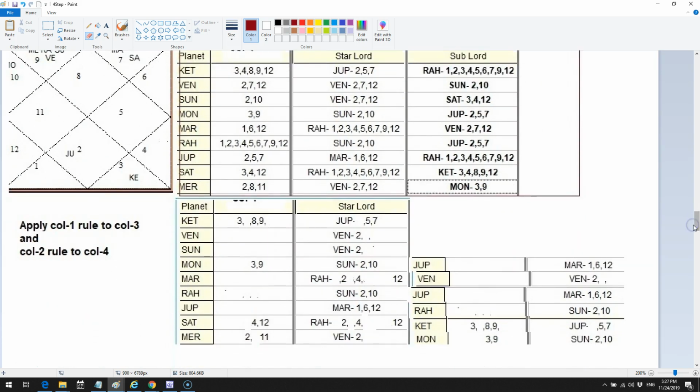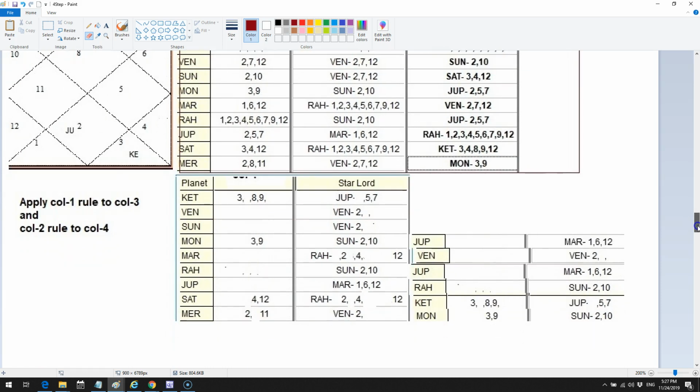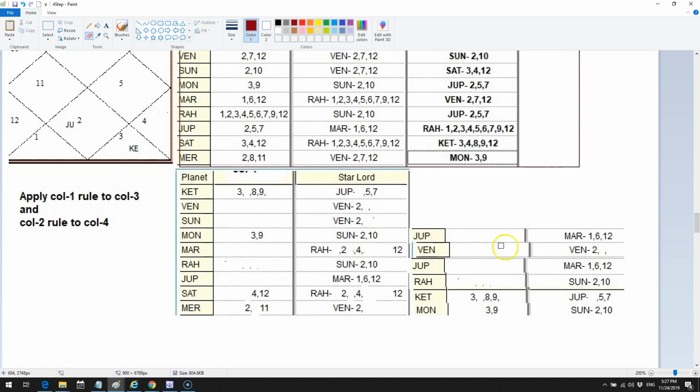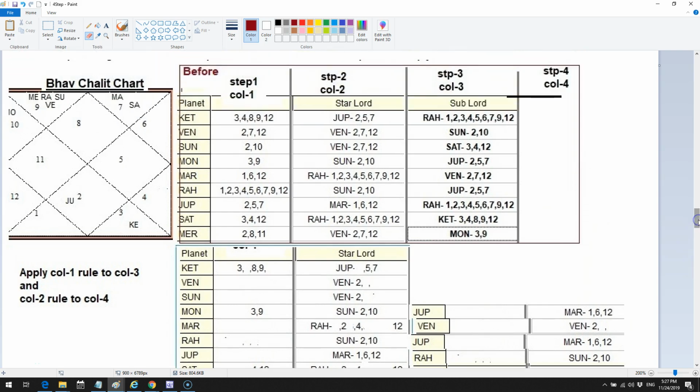Column 3 and column 4, like I mentioned to you, is nothing but more like a copy paste from column 1 and column 2. Some of these values I have already populated just to save some time, and some of these I am going to show you how this copy paste works.